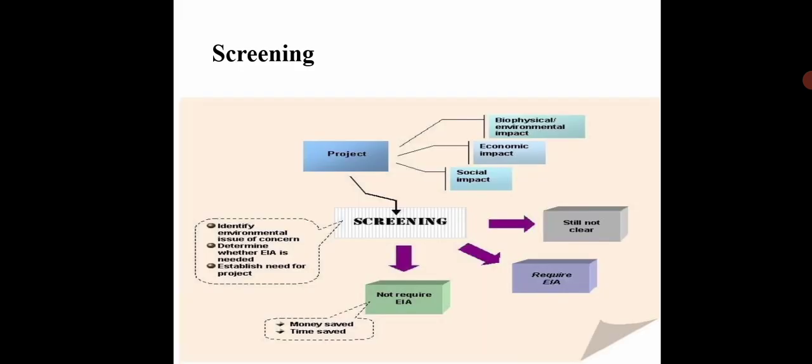Based on the project proposals, the screening process can be classified into three types: a project which surely requires an EIA, a project which does not require an EIA, and a project where the need for an EIA is still not clear. These are the three categories in a screening process. This is a diagram which clearly indicates the process.